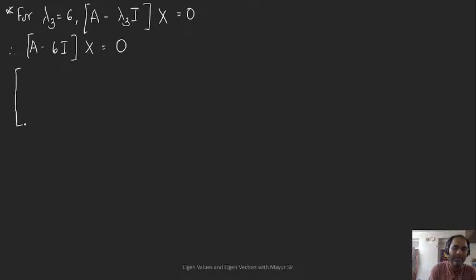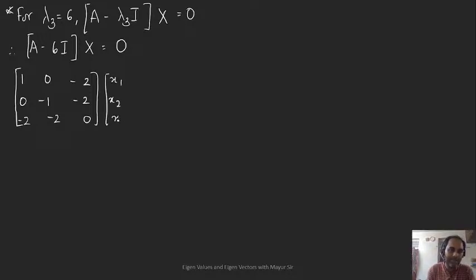Here you will get A minus 6I, so from the diagonal start subtracting 6. You will get 1, 0, minus 2, 0, minus 1, and minus 2, then minus 2 and 0. These are the values that you get inside your matrix, and then you have x1, x2, x3, and this is 0, 0, 0.